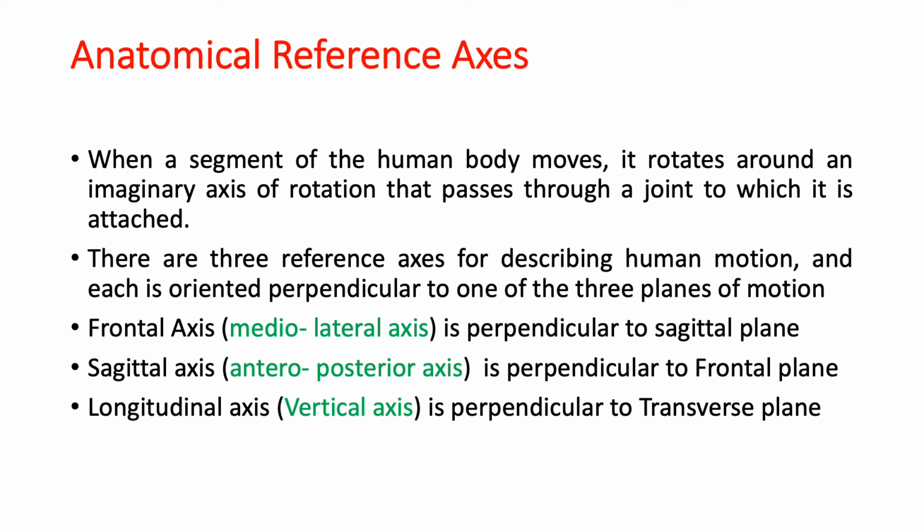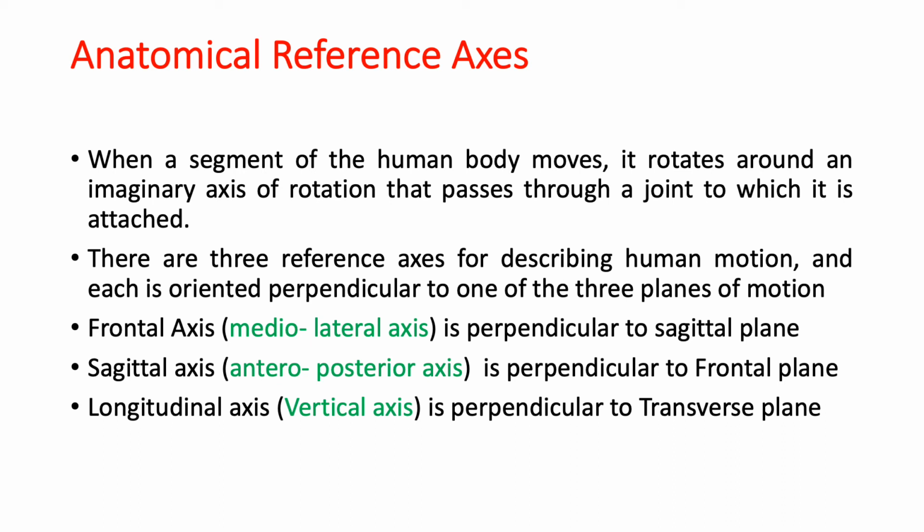So when a segment of the human body moves, it rotates around an imaginary axis of rotation, and that passes through the joint to which it is attached. This axis is the line around which rotation occurs, and this line is always perpendicular to the plane. Like we have 3 planes: sagittal, frontal, and transverse. You know that.